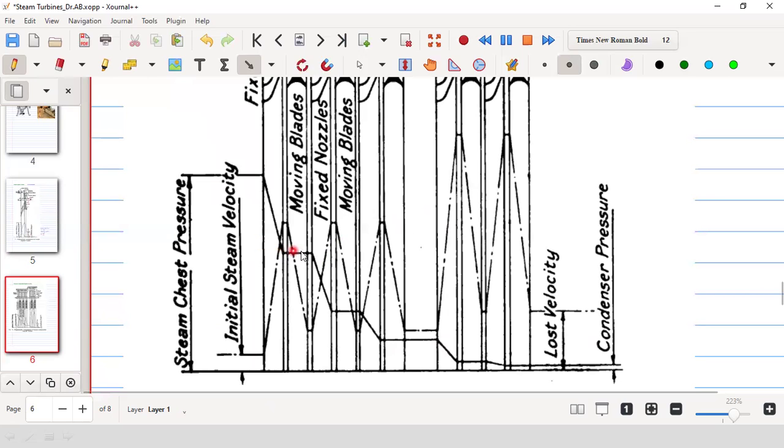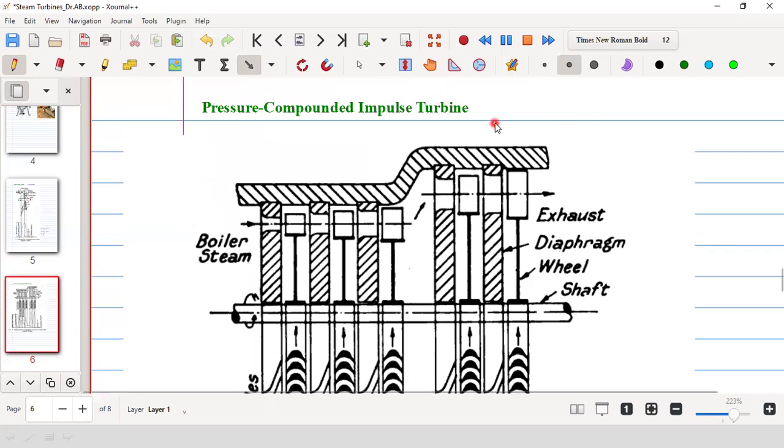Now what will happen in the next nozzle? There will be further pressure reduction and there will be further velocity increase. I will explain it. So you see that this is the pressure compounded impulse turbine.